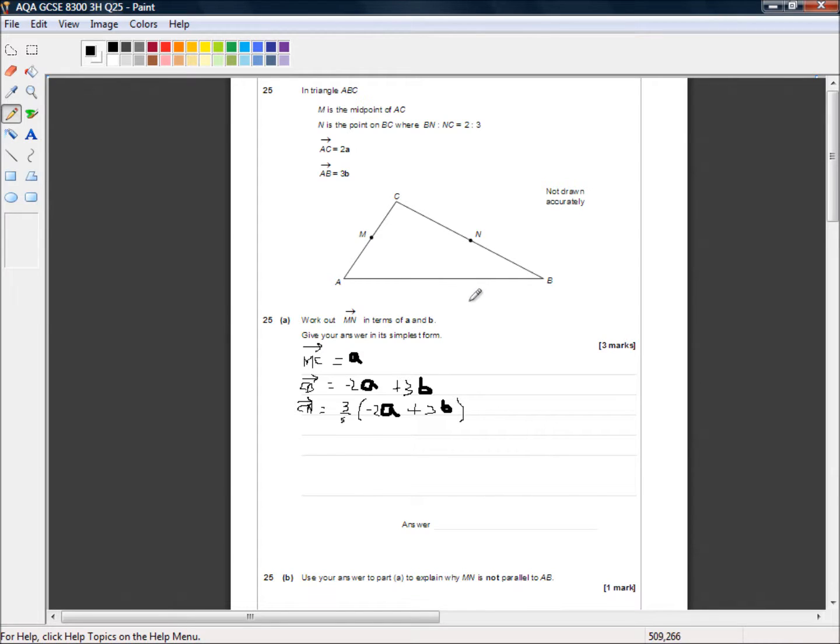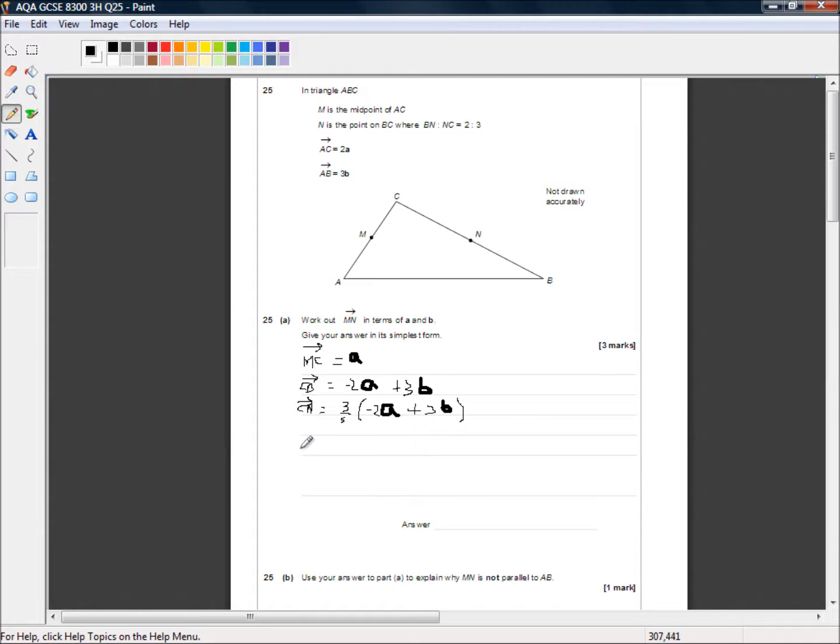Okay, so what we now need is MN, because we've got all the components, we just need to combine them. So if we've got CN and we've got MC, all we have to do is go from M to C and C to N. So we're just adding the vectors MC and CN, which is a plus all of this lot.